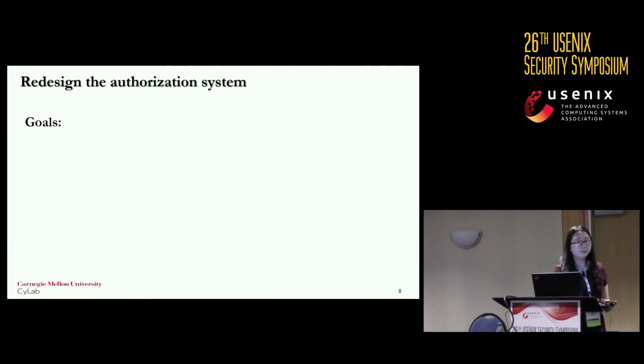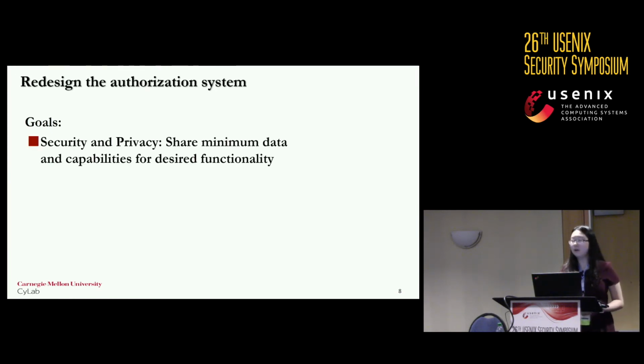Because we need to redesign the authorization system, we first want to make sure what goals we have for the design. The first goal is about security and privacy. We want to share the minimum amount of information and also the minimum capabilities just for the desired functionalities.